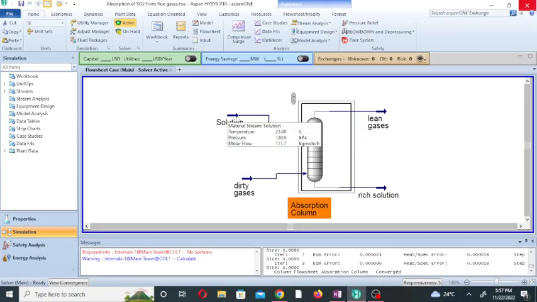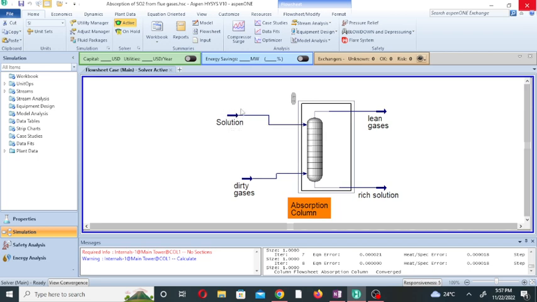So come to the solution. If you increase the mass flow rate of the solution, then what will be the effect? I think it will increase the removal percentage of sulfur dioxide from the flue gases.